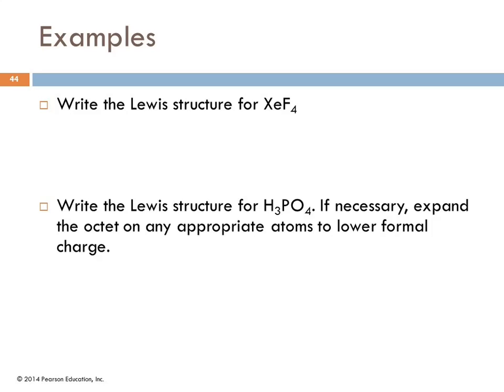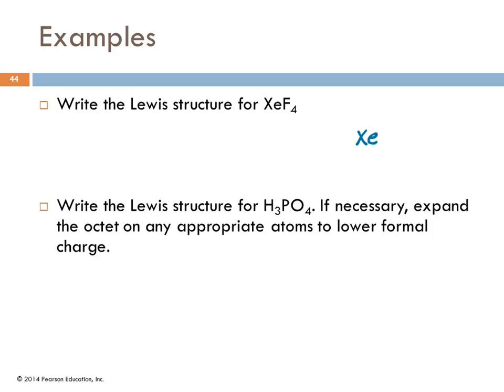It's one of those rare noble gas molecules. So we have xenon in here, and fluorine, and we'll just put the fluorines around the outside. I don't like that. I'm going to start over here, a little more space.